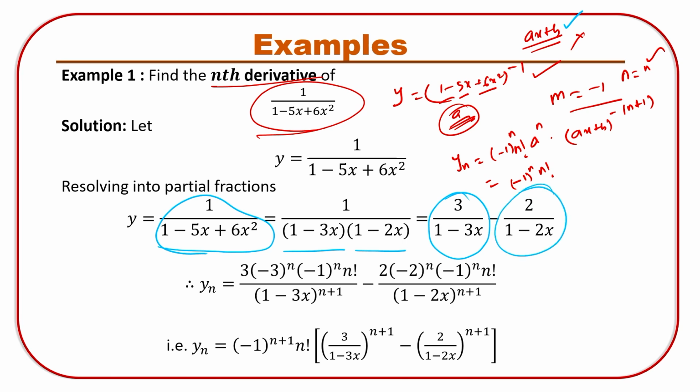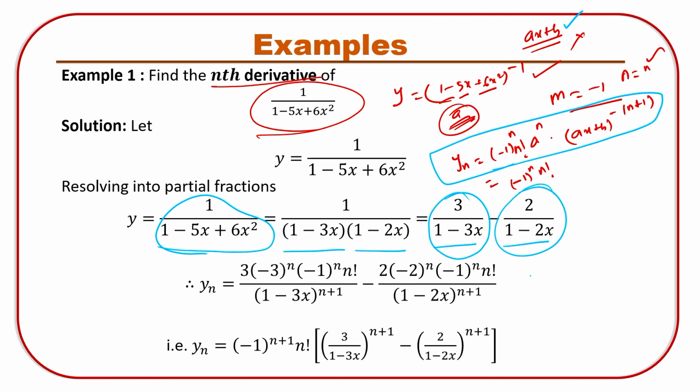So now we have ax plus b, right? That is the format which we want, because our formula was valid for ax plus b. So using the same formula for m equal to -1, what will this come out to be?